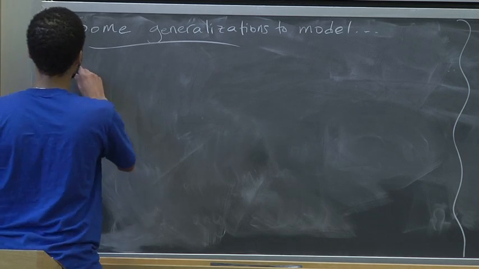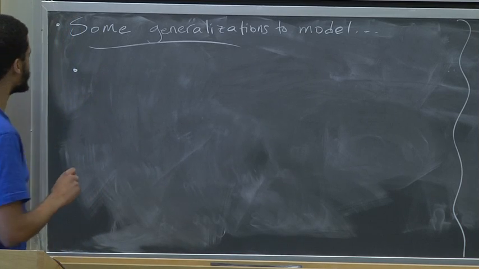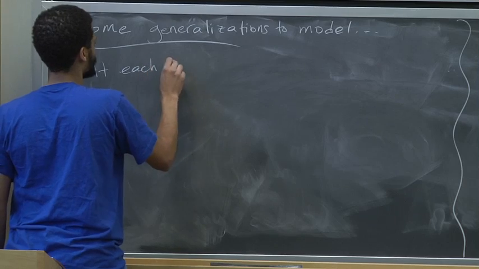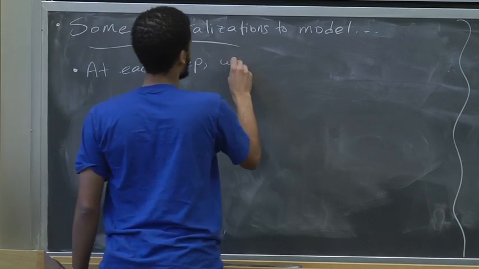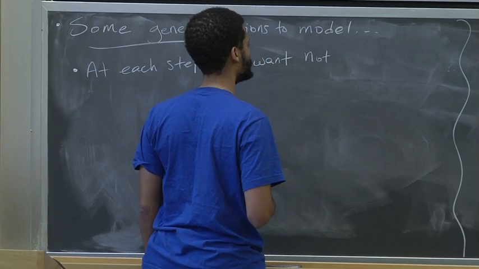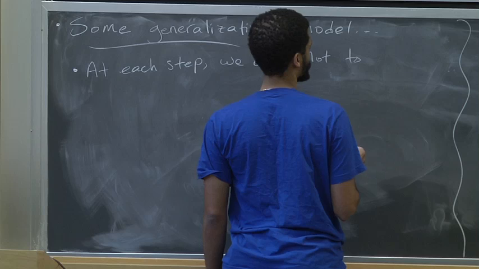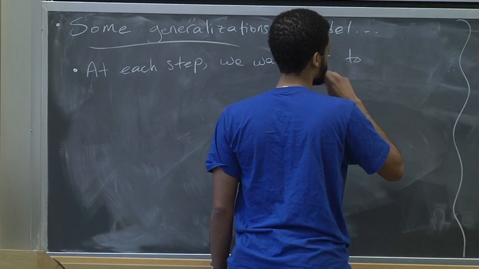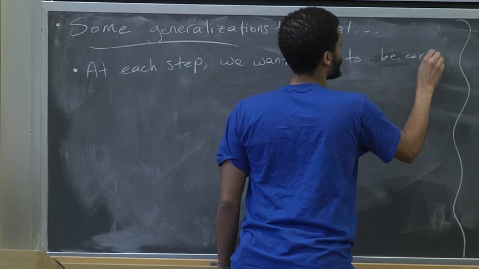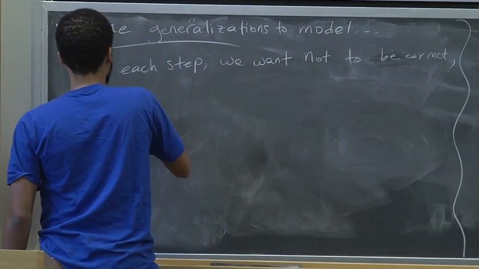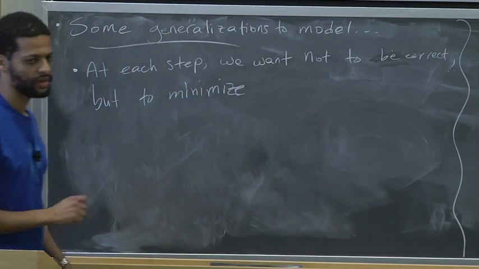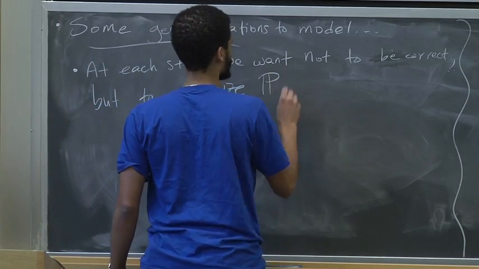So, first of all, let's say at each step, we want not to make a mistake, not to be correct, but to minimize the probability that we're incorrect.